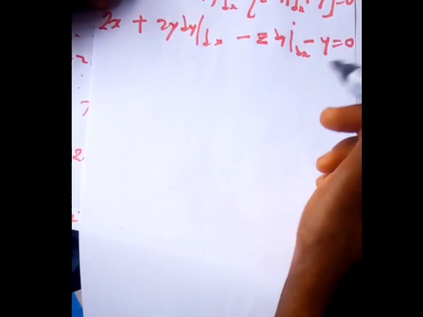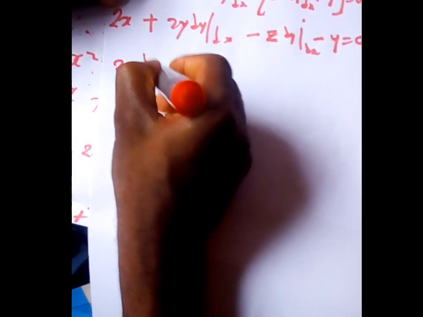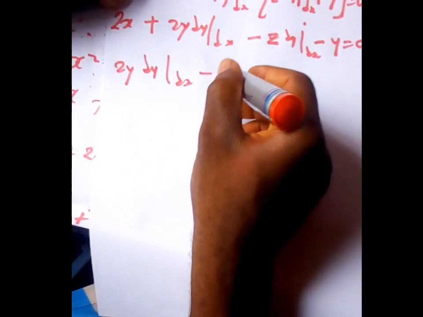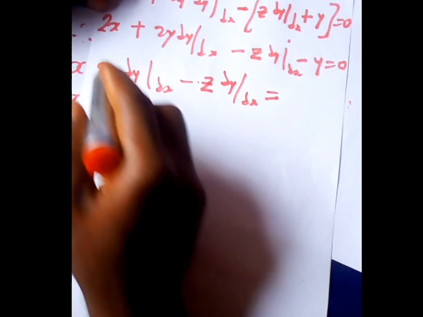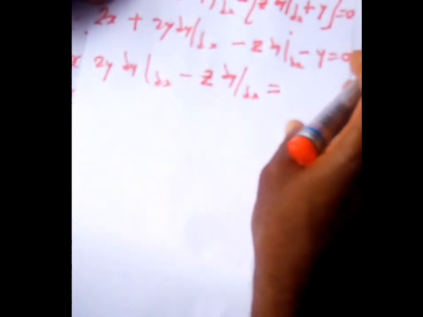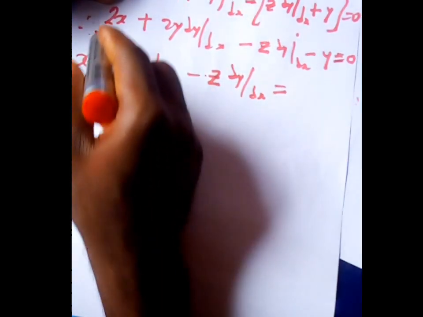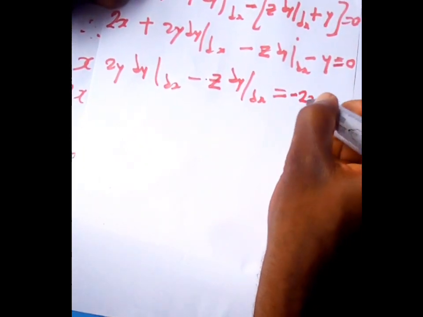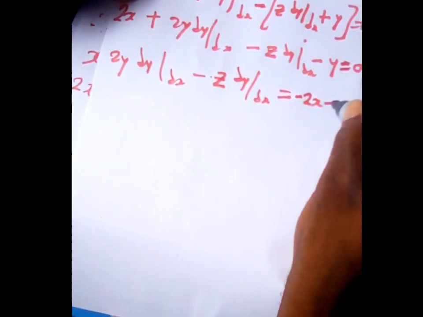Now, by rearranging, that is, by collecting like terms, we'll be having 2y dy dx minus x dy dx equals 2x. Whenever a variable crosses the equal sign, the sign changes. Now 2x crossing the equal sign will change to minus 2x, and when minus y crosses the equal sign, it changes to plus y.